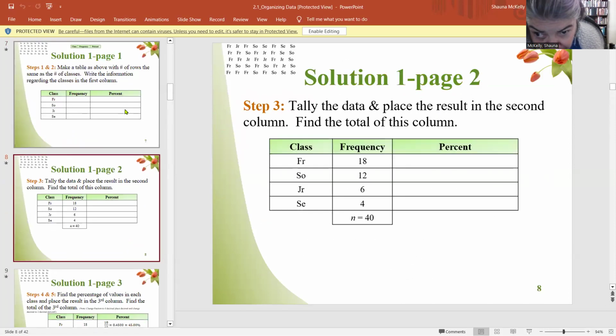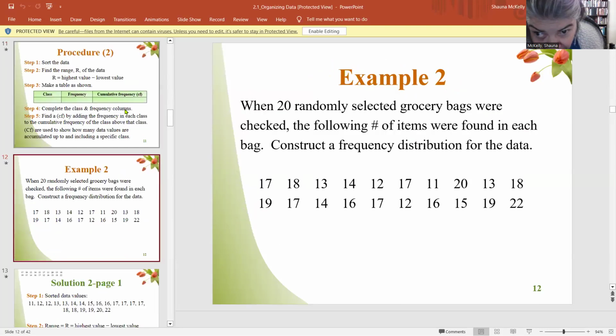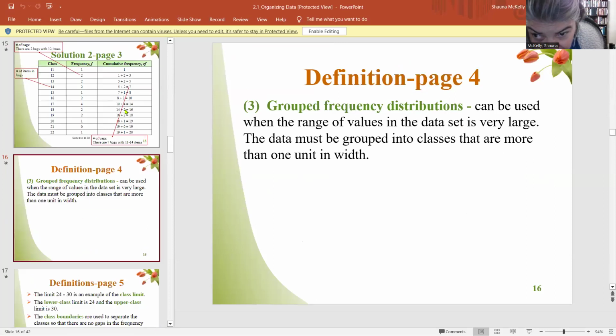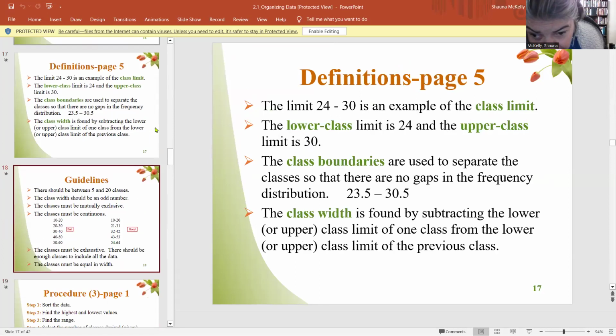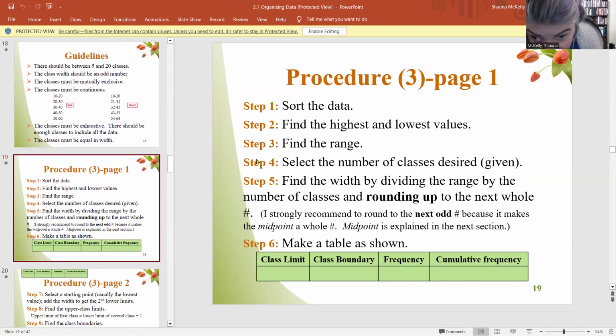And there's different columns that you can use for each one of those, which I kind of gave you a little bit of that. Now, grouped frequency distributions can be used when the range of values in the data set is very large. Okay. Then she gives you some, we're going to go over this in a minute. Now, here's your guidelines for this. Okay. They have to be mutually exclusive, continuous, all of that, right?